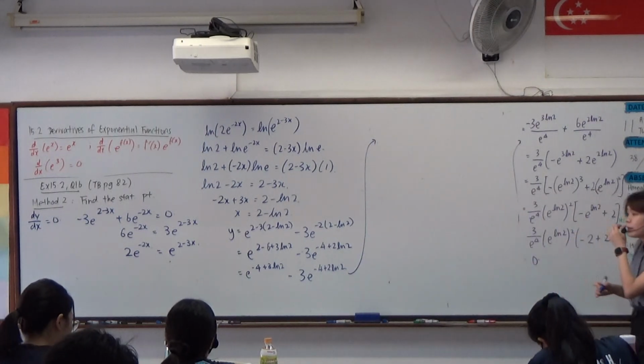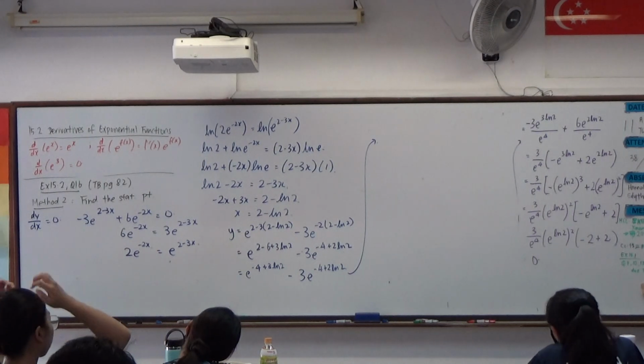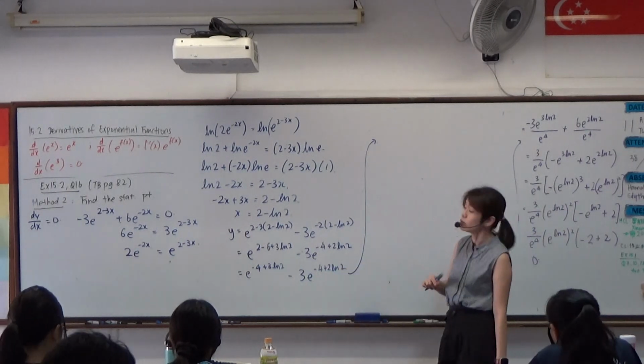Okay, so for expansion, our power itself will be e to the power negative 4 plus 3 ln 2 minus 3e to the power negative 4 plus 2 ln 2.